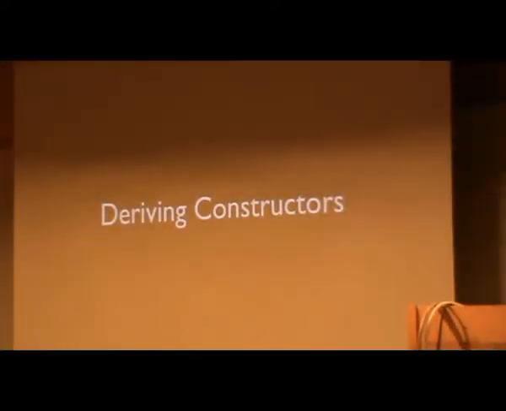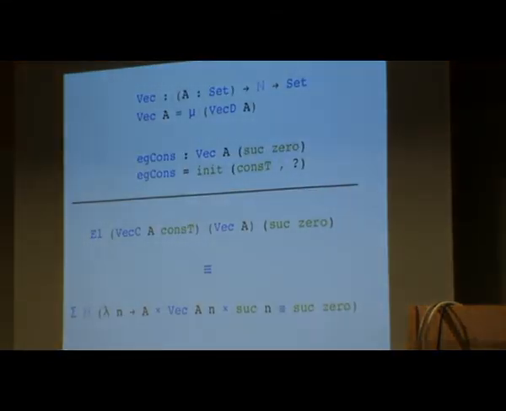So now we're going to take a look at how you would construct values using these types and how using the primitives differs from the interface that we actually expect. And then we'll derive the constructor to get the interface that we expect.